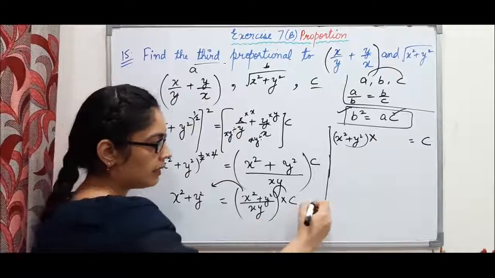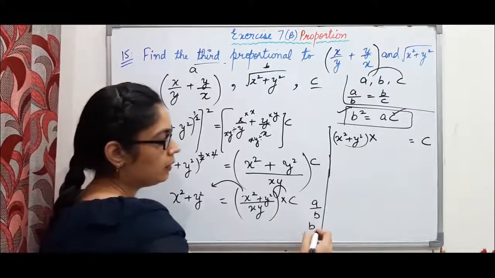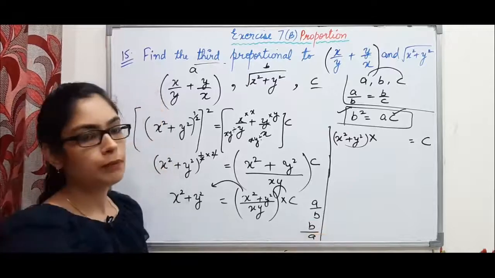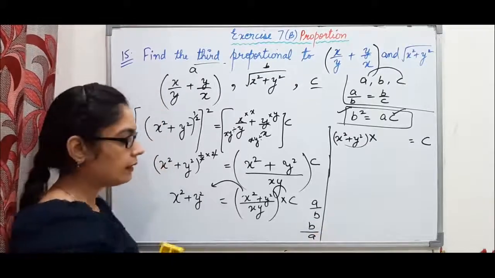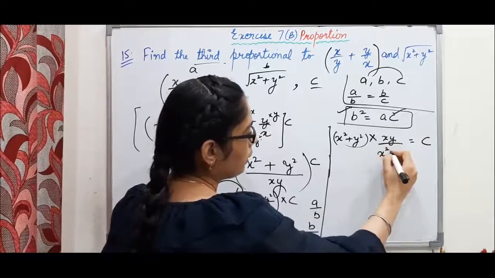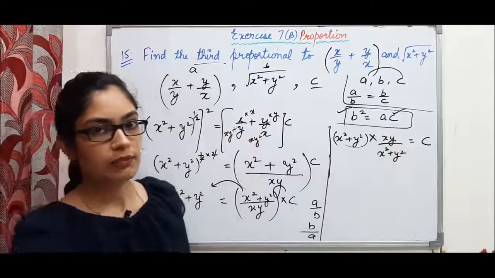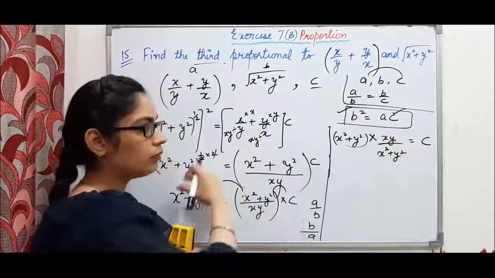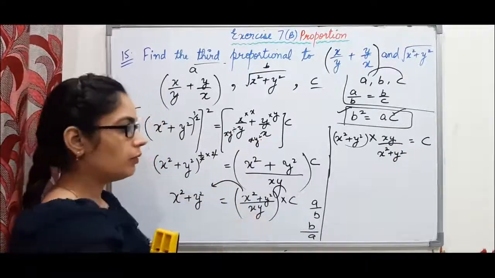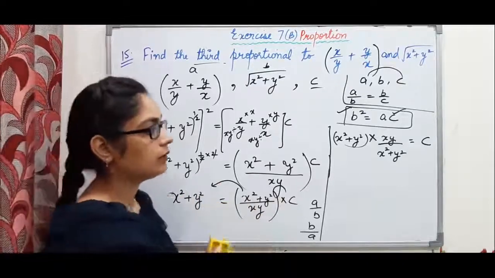This fraction is like a by b; when I shift it to the other side, it will be converted in the form of b by a, that means we write its reciprocal. It will change to xy upon x square plus y square. So in simple words, when I shift a fraction to the other side, we just have to take its reciprocal.